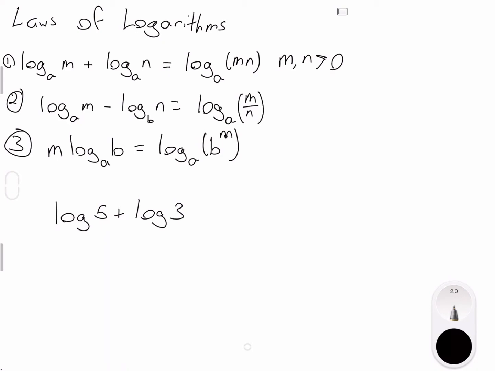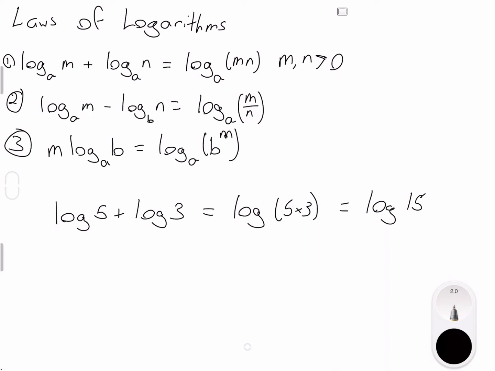So using our first rule, this could be rewritten as the log of 5 times 3, or the log of 15. If you want to double check with a calculator, by all means do, but that's part of it there.